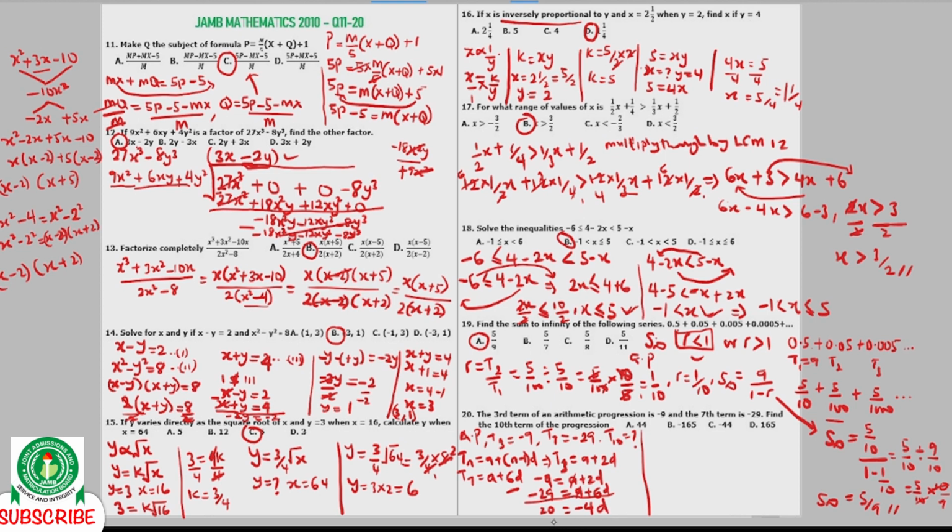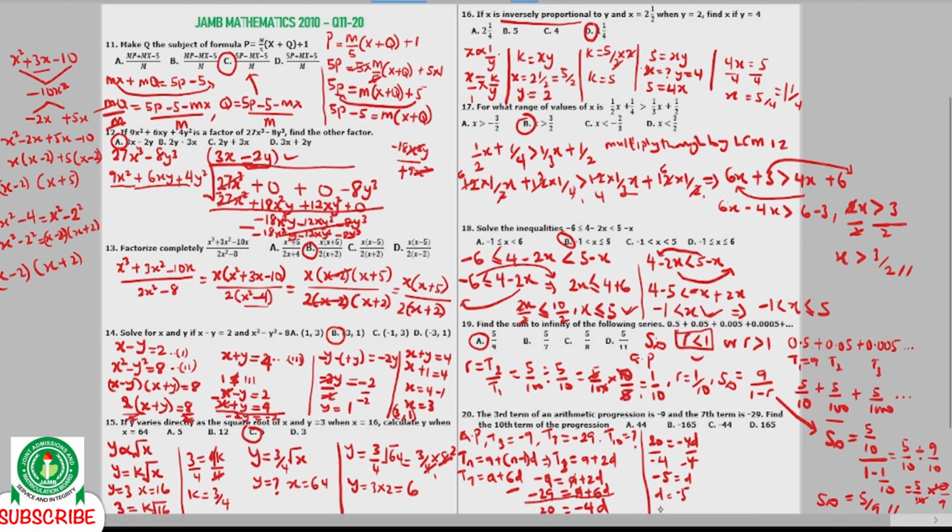Dividing both sides by minus 4, we have 5 equal to D. Meaning that D is equal to 5.